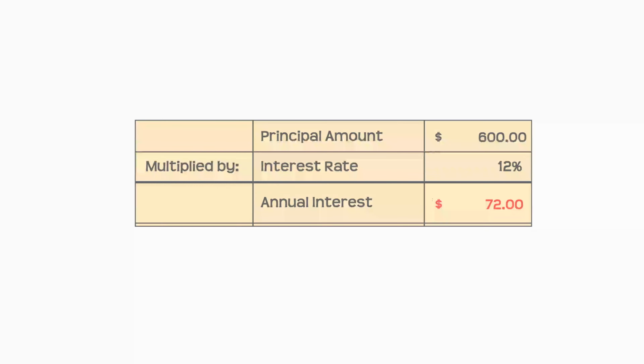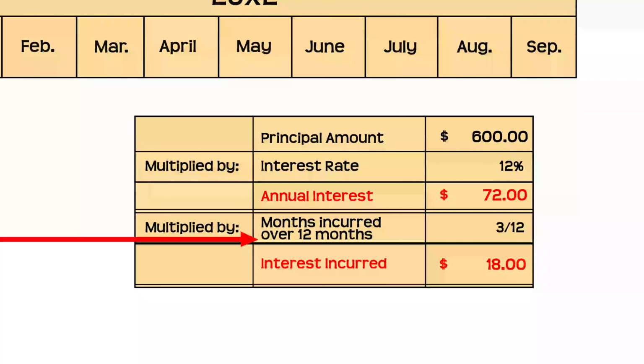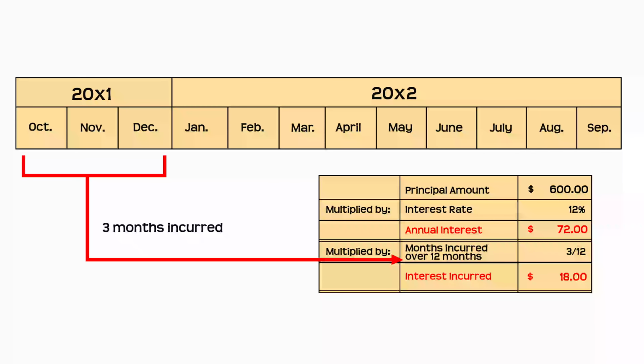On the reporting date on December 31, 20x1, the interest incurred will be $18, derived by multiplying the principal amount with a 12% interest rate multiplied by 3 months earned and divided by 12 months. Take note that the interest rate is for 1 year.